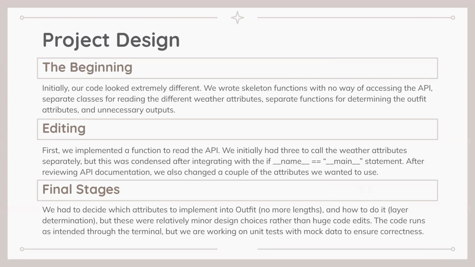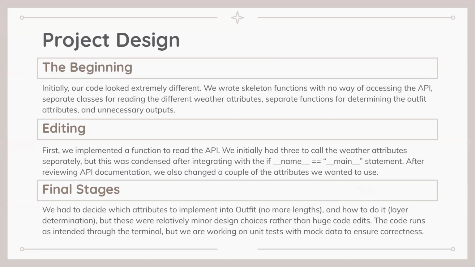And then after reviewing the API documentation, we also had to change a couple of the weather attributes we wanted to access because some were paid programs only and some were XML format only, and we were using .json. We're currently in the final stages of finishing up our code after we decided which attributes to implement into the outfit class.